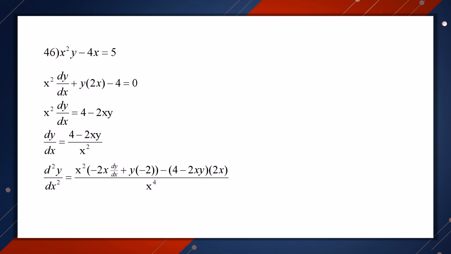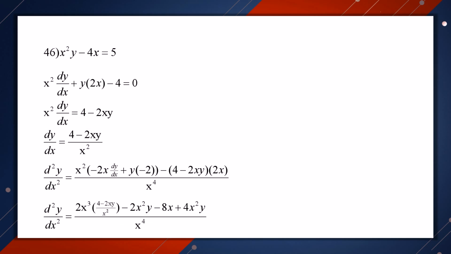We will get x to the power of 2 times negative 2x times dy over dx plus y times negative 2, minus 4 minus 2xy times 2x, over x to the power of 4.